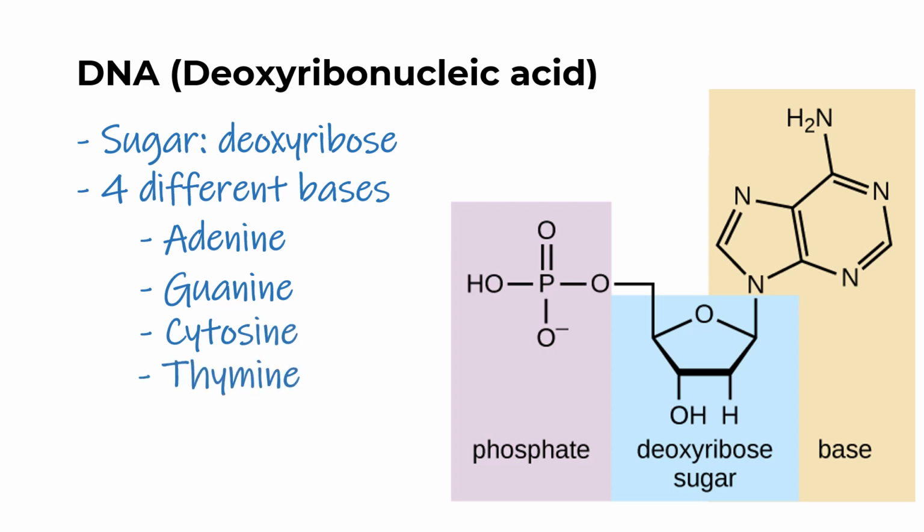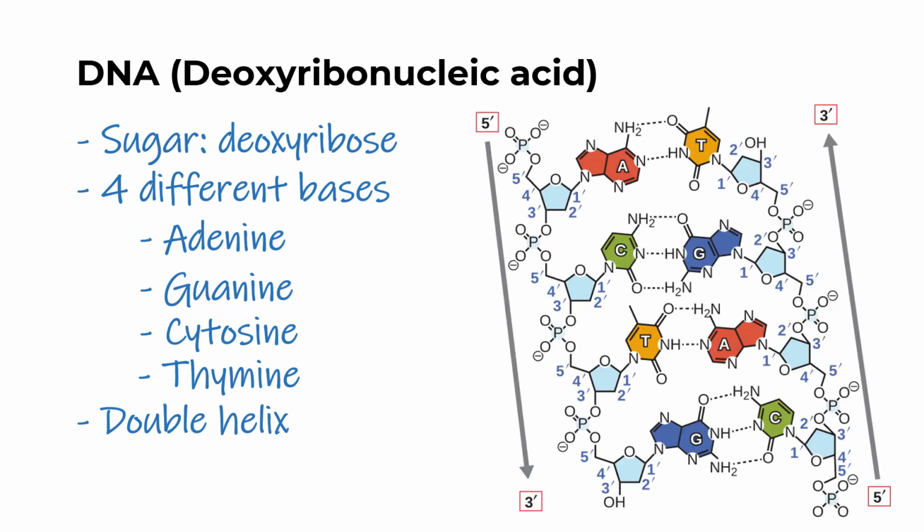In cells, DNA is in the form of a double helix. Each piece of DNA is composed of 2 complementary and antiparallel chains of nucleotides held together by hydrogen bonds that form that double helical shape.